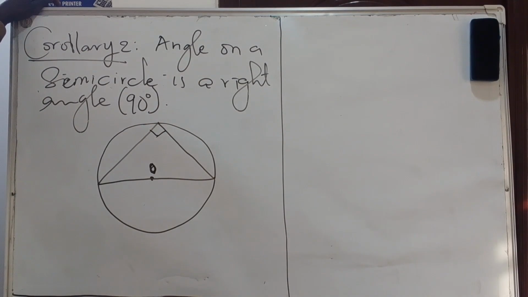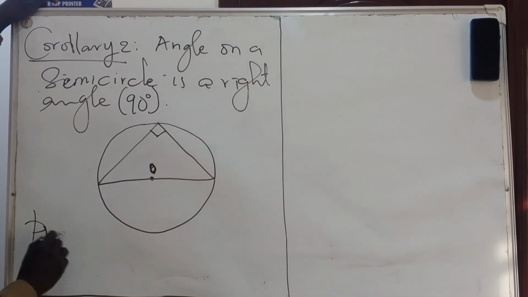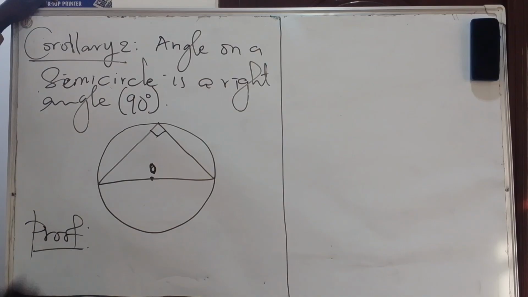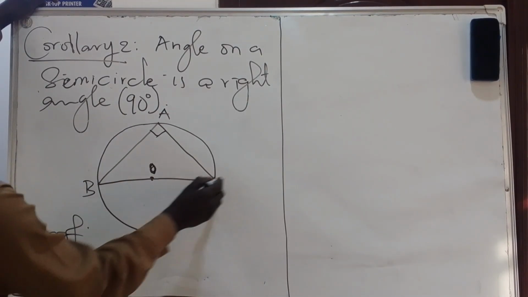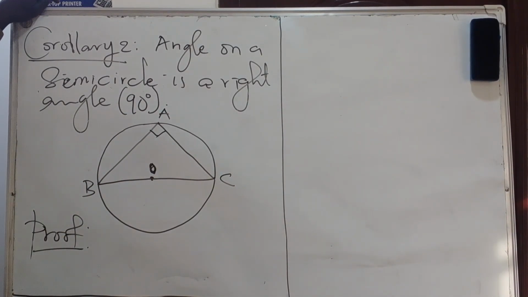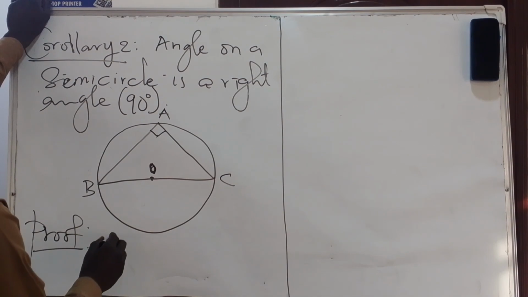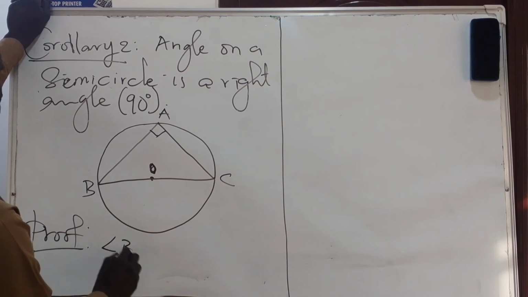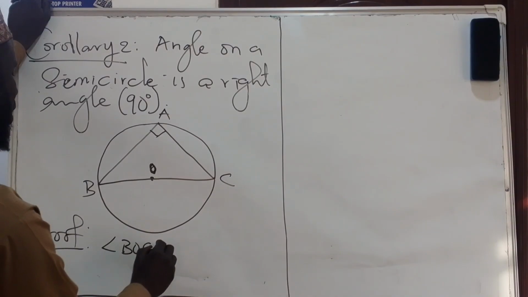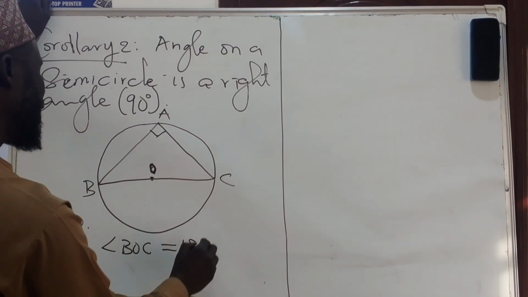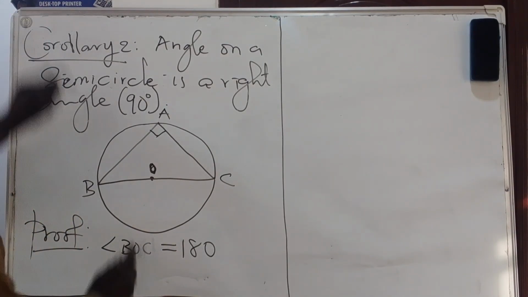We have proved that angle at center is twice angle at circumference. So here is A, B, C. You know that angle BOC is equal to what? 180 degrees.